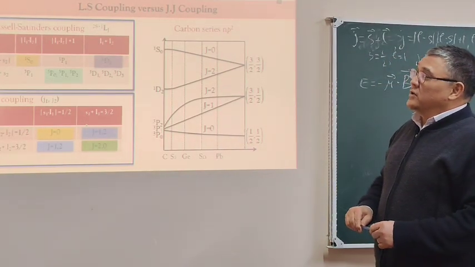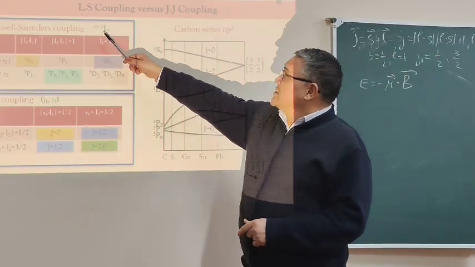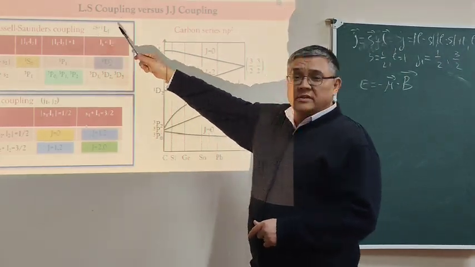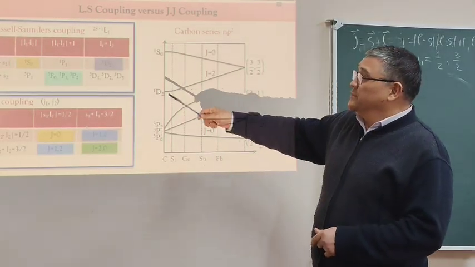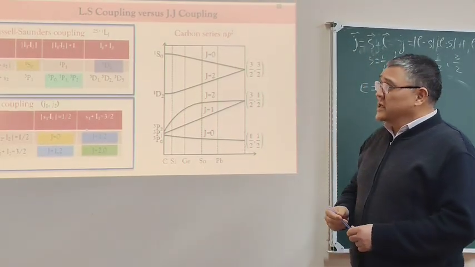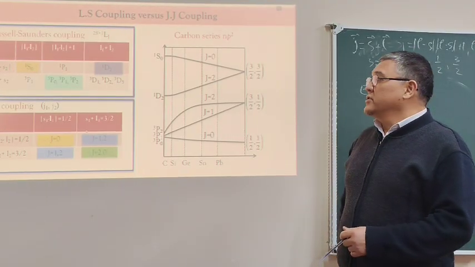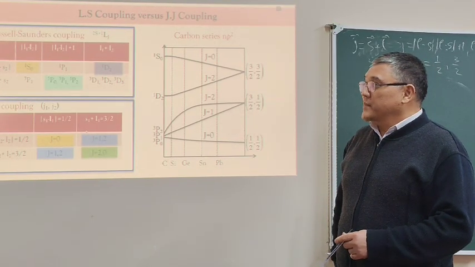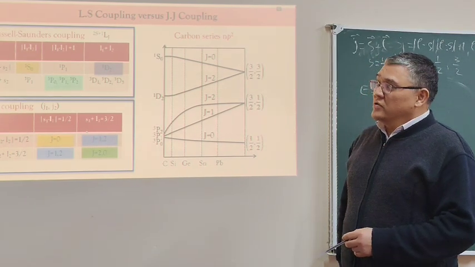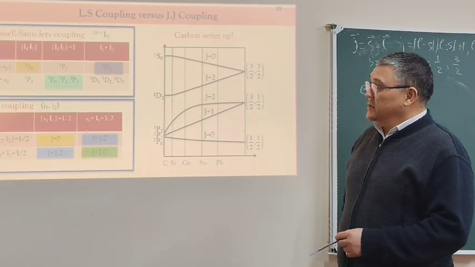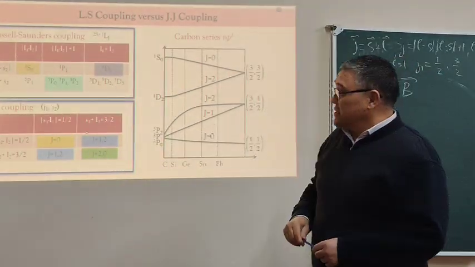For light atoms the notation will be the notation that we considered in the previous case, where the electrons have independent values of momentum. So this is the notation for the case that we just considered.